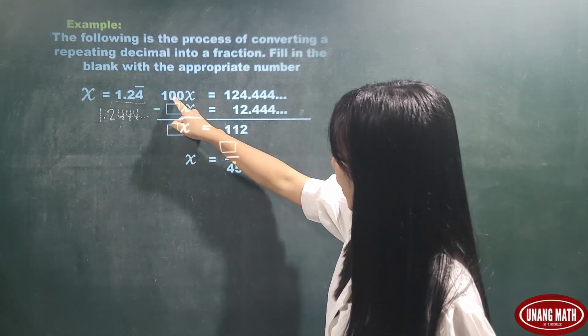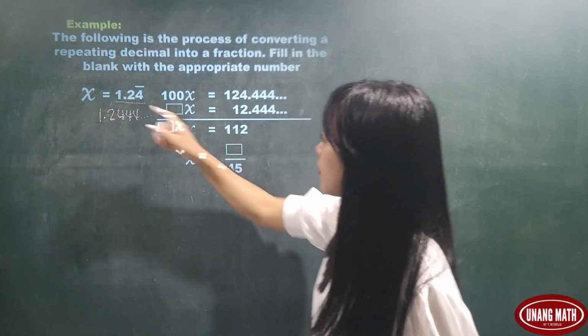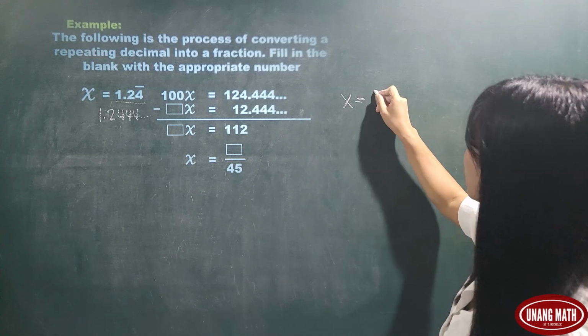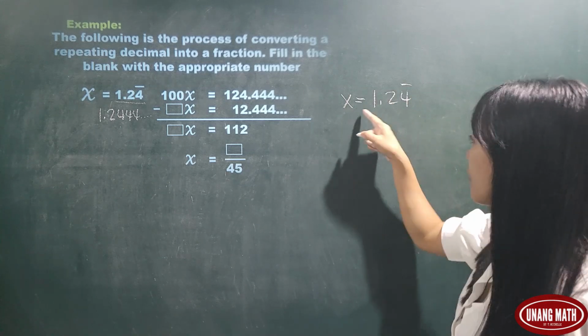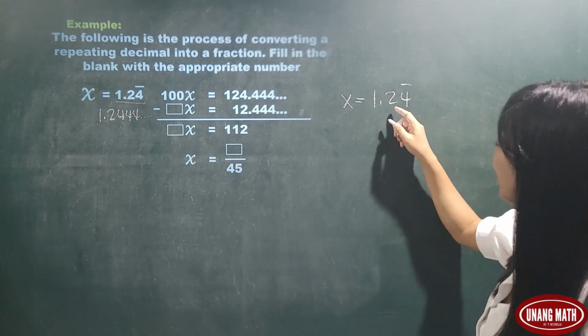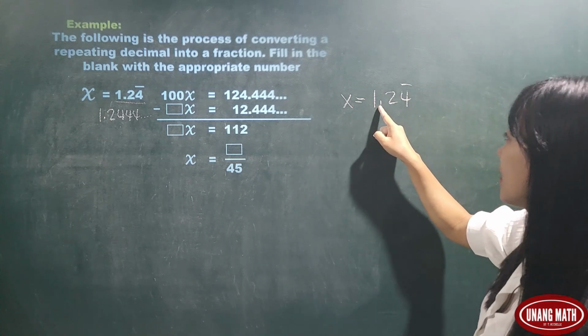For our first equation, we have to multiply both sides of the equation. So we have x is equal to 1.24 repeating. Multiply both sides of the equation until all these digits are on the left side of the decimal point.